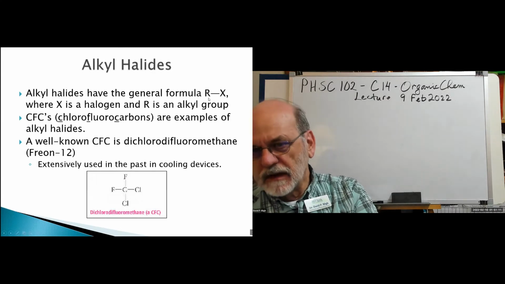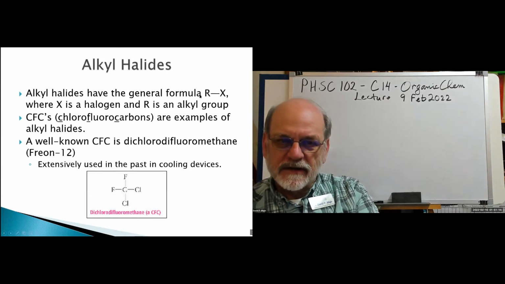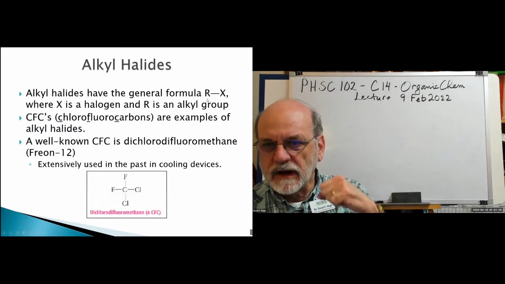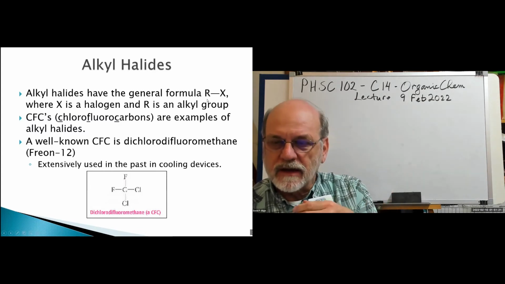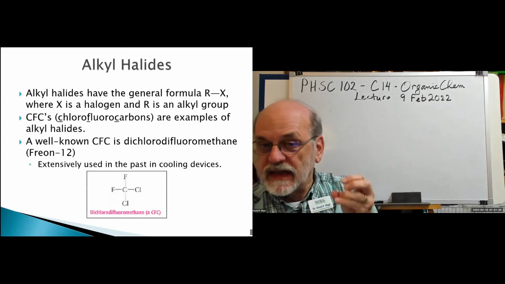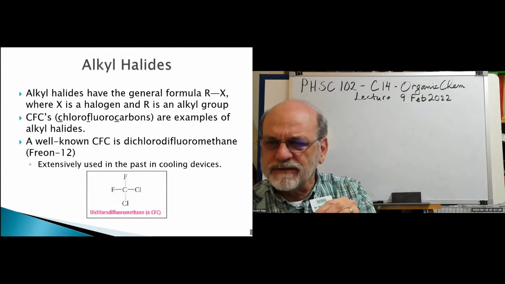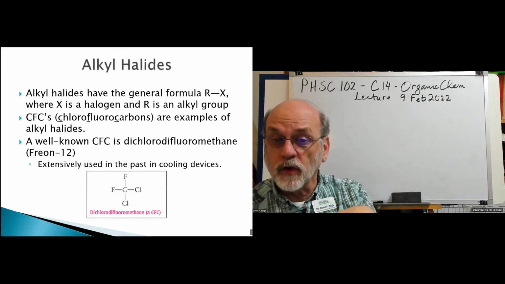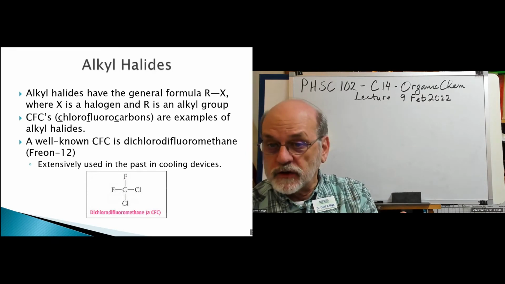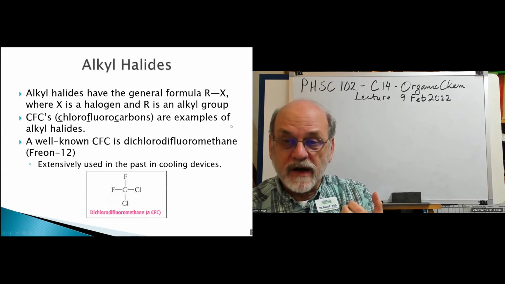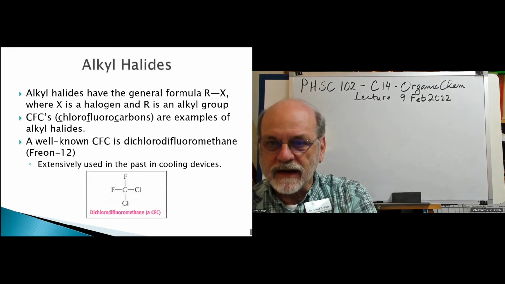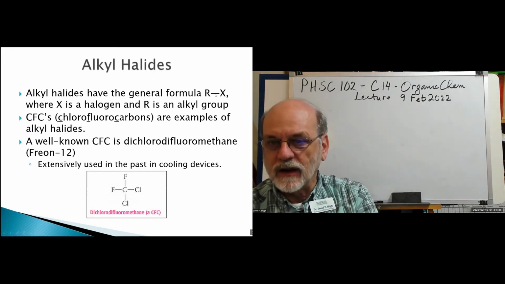And it has this R, which is a placeholder for some alkyl group, like methane or ethane or propane or whatever the case may be. And then X is a placeholder by convention. X is a placeholder for halogens. The reason we use those is because there are no elements in the periodic table with these symbols. So they're available. We can't confuse those with some other element.